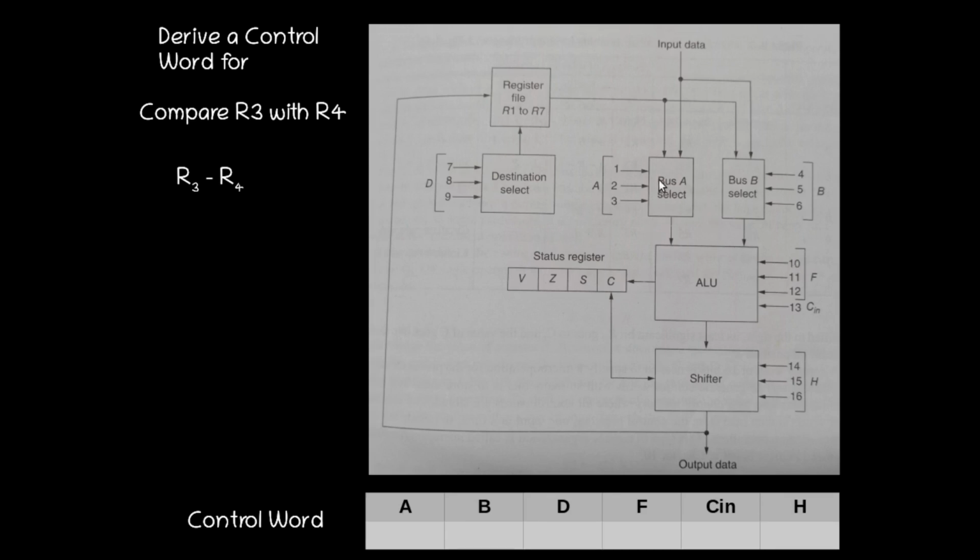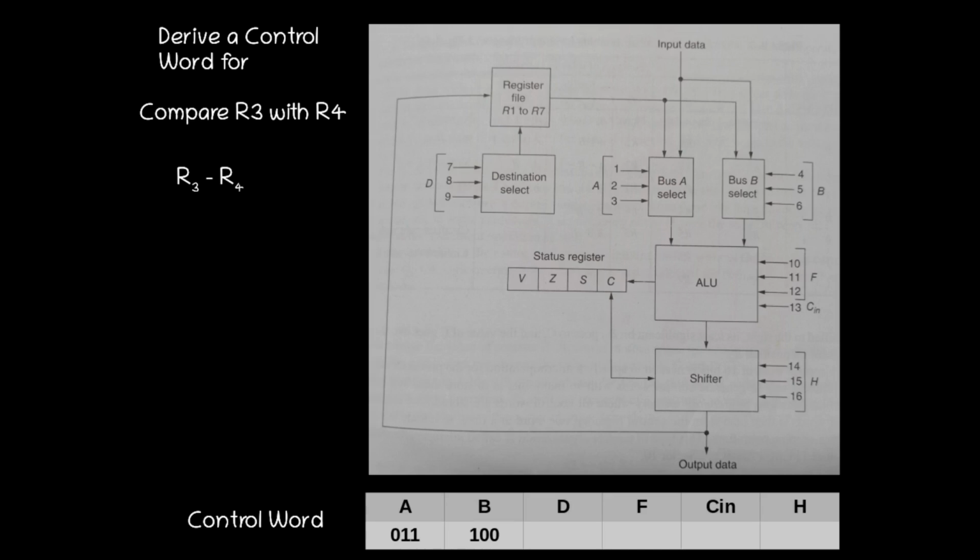So here we have to give the bit pattern 011 for A select, and for B select we have to give 100. Next, there is no destination.